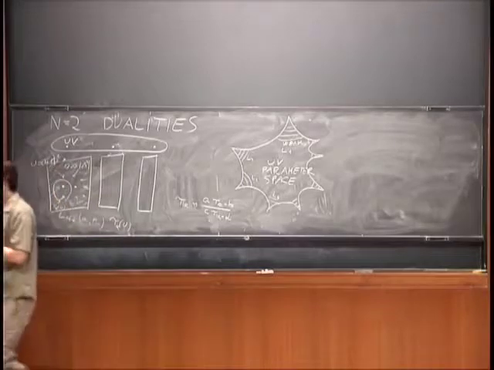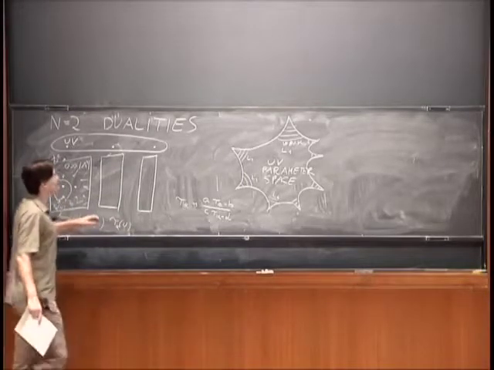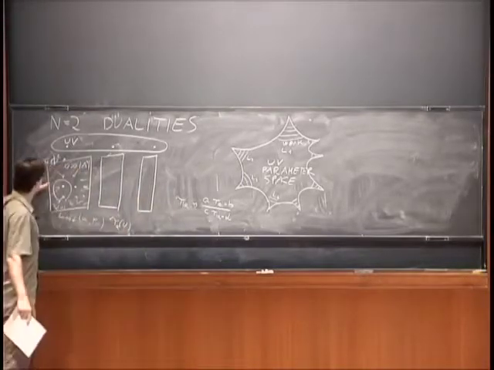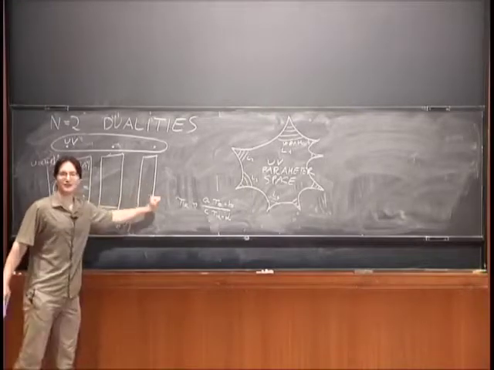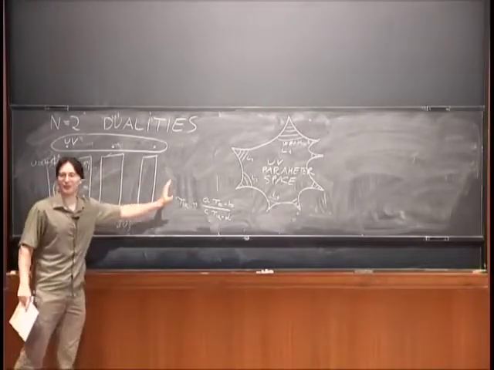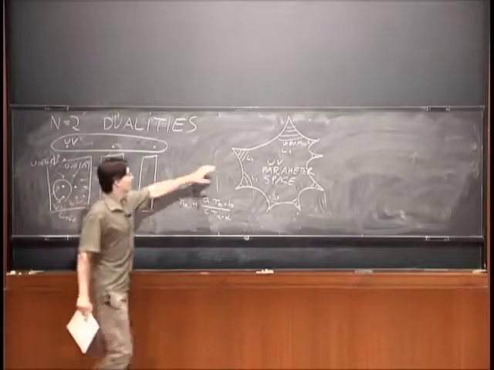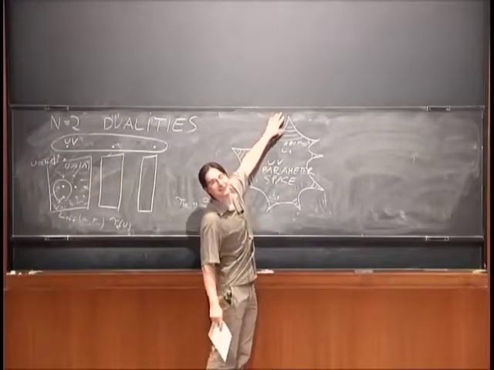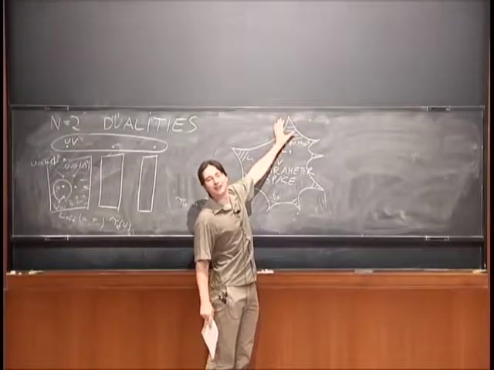But still, because the infrared physics is fibered nicely over this parameter space, you can compute the infrared physics in some place where you do have a Lagrangian and transport it around.